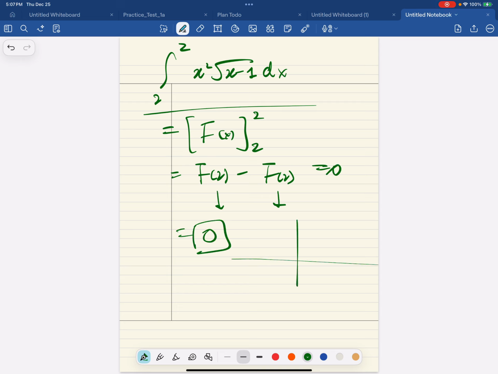What is this showing graphically? Let's say there's a graph with a 2, and another 2 again. I'm trying to find the area between 2 and 2, like the area under the curve from 2 to 2. Well, there's no such area, because it just doesn't exist. The space in between a 2 and a 2 is nothing.